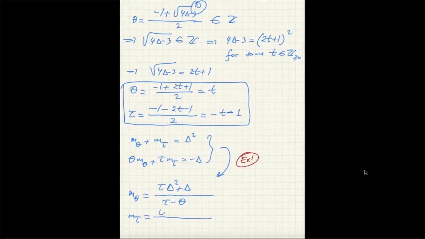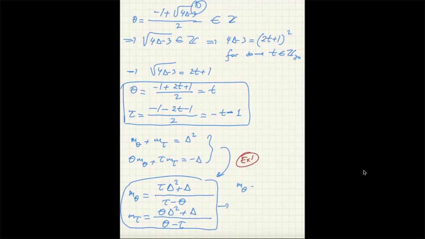So you get theta square divided by theta minus tau. Okay. And now once you get these formulas, these numbers must be integers, and so must be its difference.